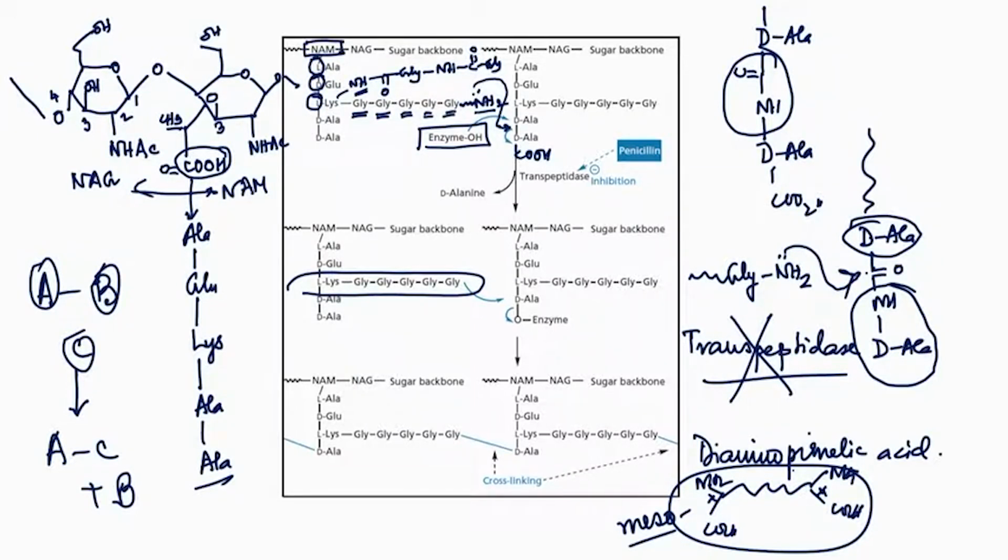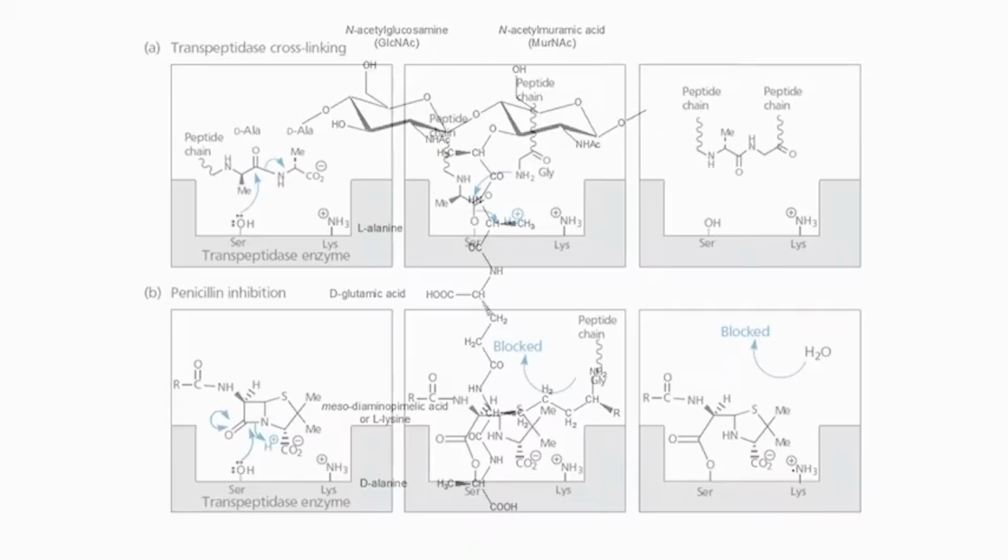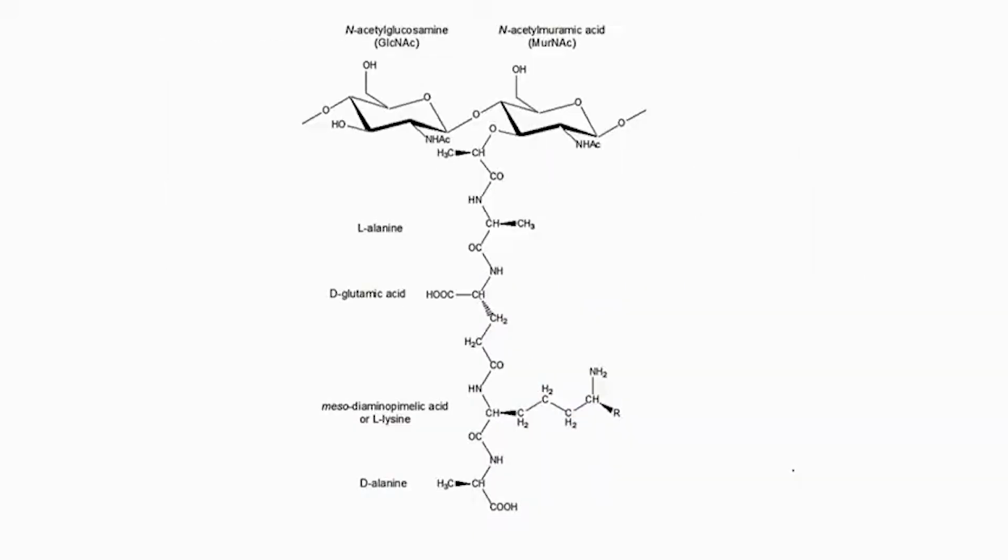Otherwise, in gram positive bacteria, the glycine is the one. This is normally written in the medicinal chemistry books, but the mechanism remains the same. Now, let us see, meso-diaminopimelic acid or lysine, any one of these, but then that pentaglycine has to be attached. It is through the glycine side chain.